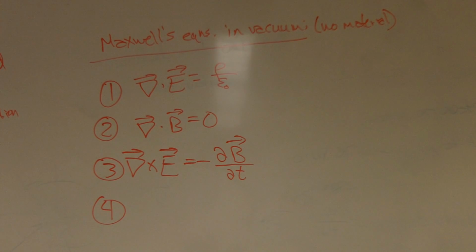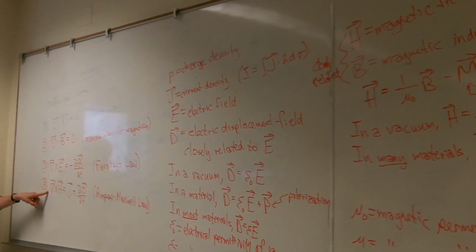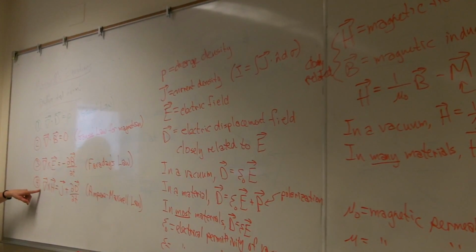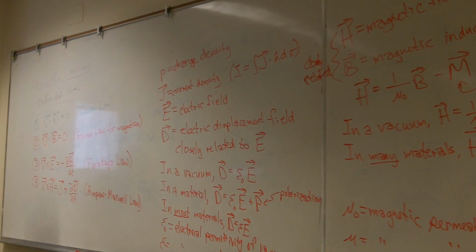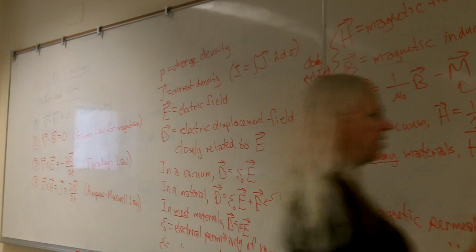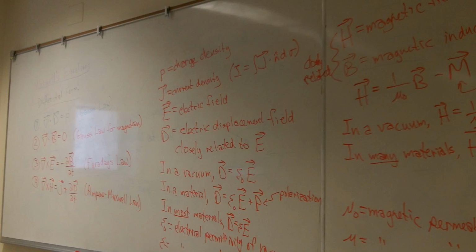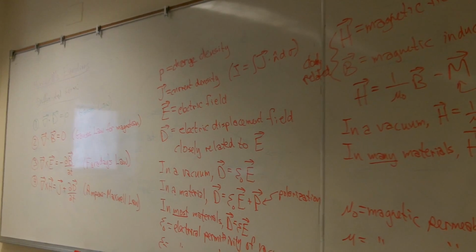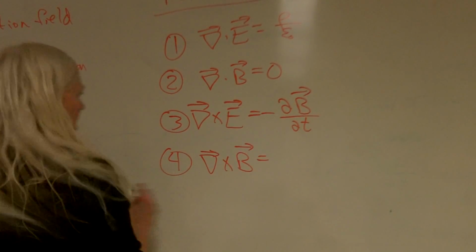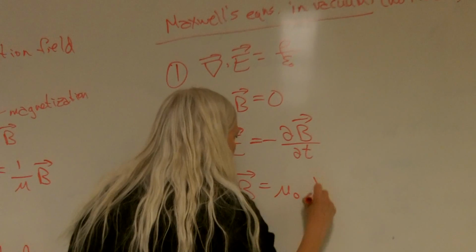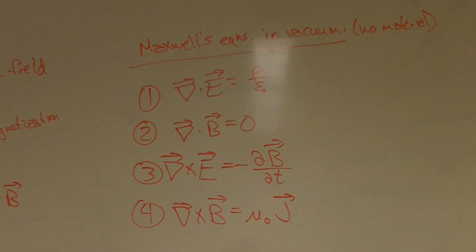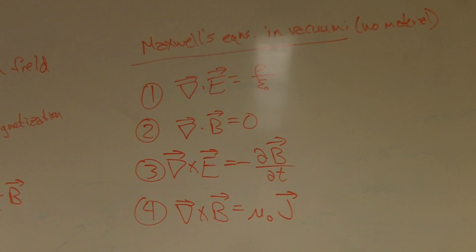Okay, so in the fourth one, the curl of H, well, in a vacuum, H is equal to 1 over mu naught times B. The 1 over mu naught could be pulled out in front of the curl, and then we could divide both sides by it. That would leave a curl of B on the left-hand side. And I just said we were going to divide by mu naught, so there's the first term on the right-hand side multiplied by mu naught.